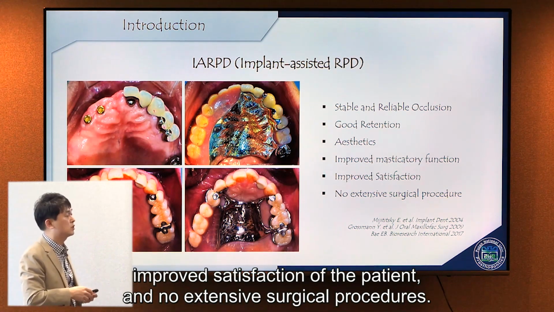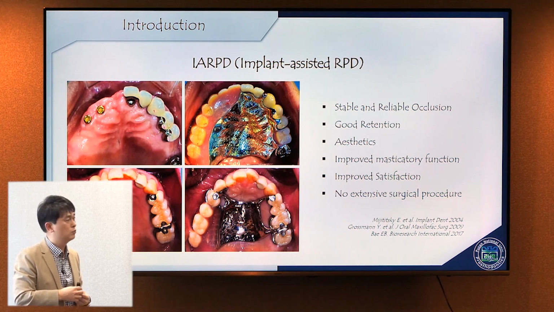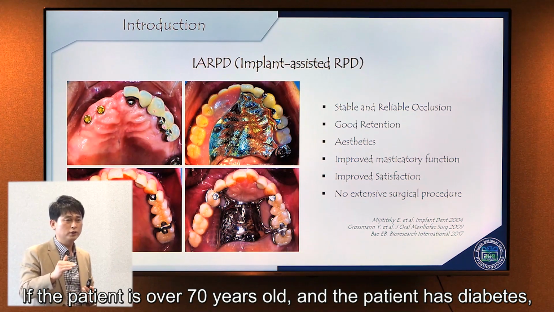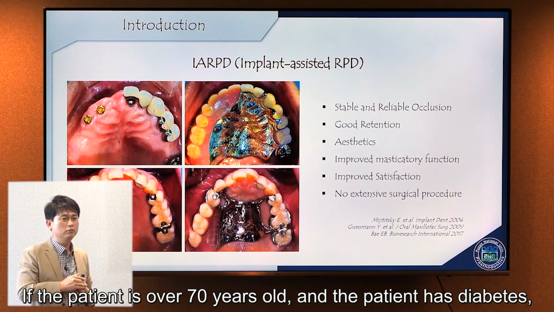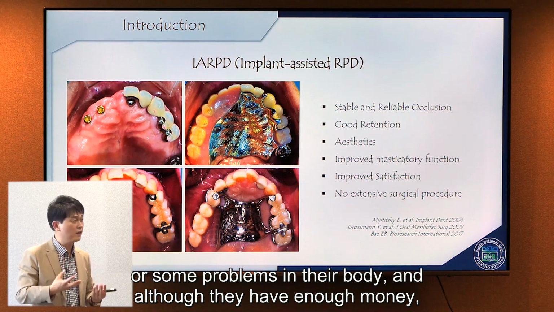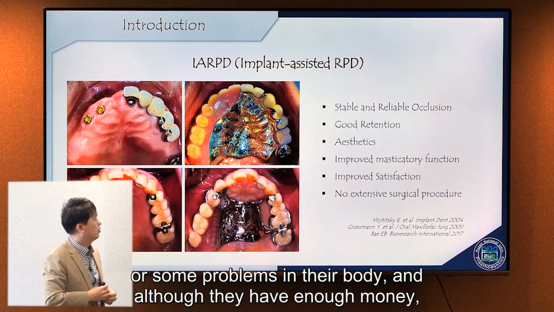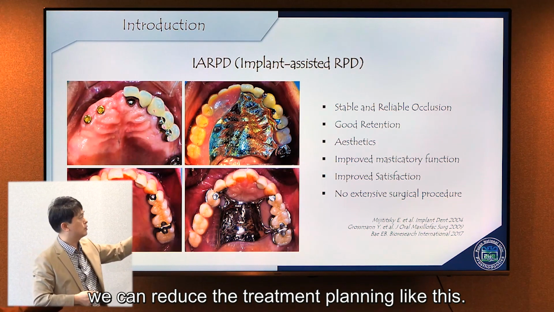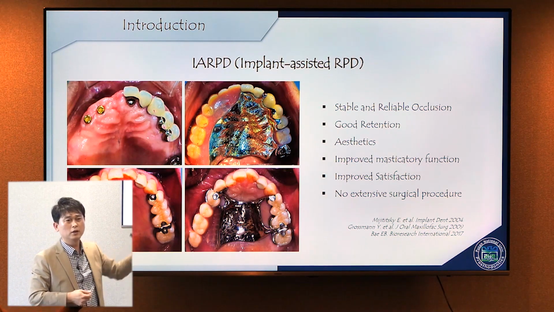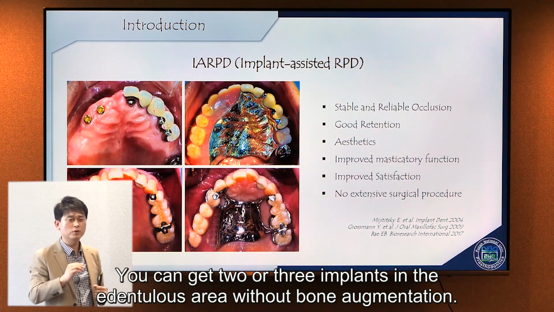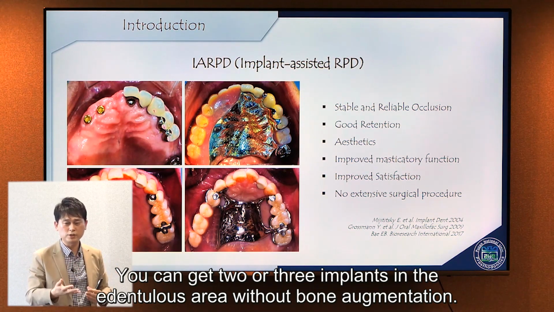No extensive surgical procedure. So, if the patient is over 70 years old and has diabetes or some problems in their body, although they can pay enough, we can reduce the treatment planning like this. You can place 2 or 3 implants in the edentulous area without bone augmentation.